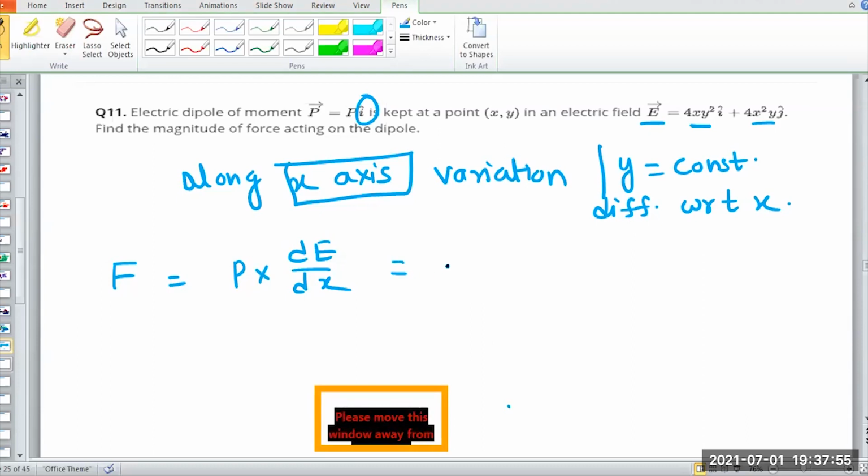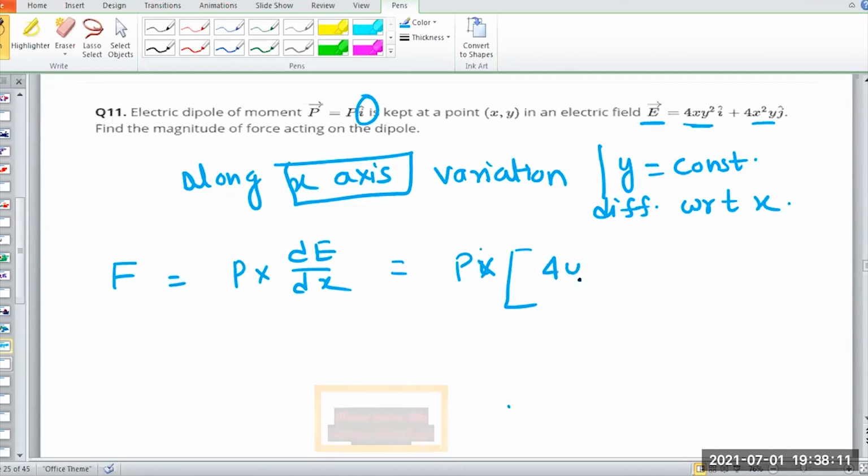P is already given, and if I differentiate the field with respect to x, I will get 4y square i cap plus 8xy j cap.